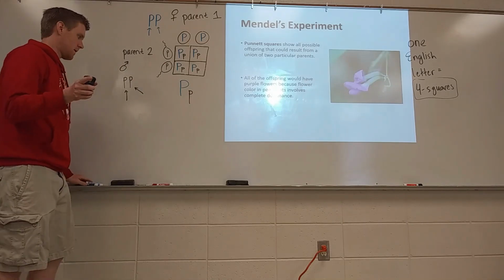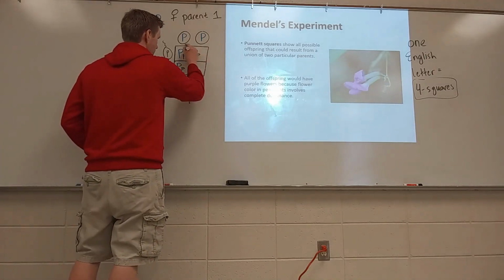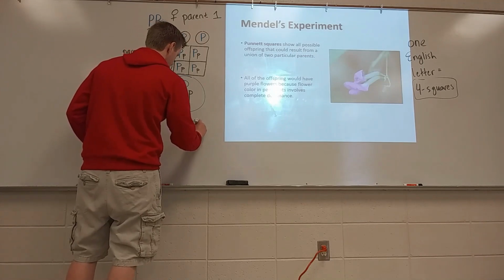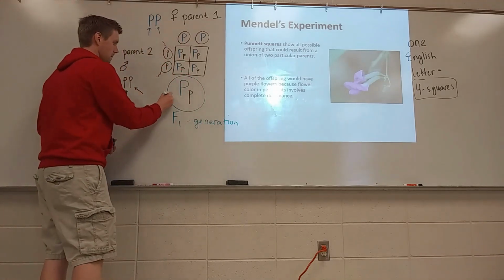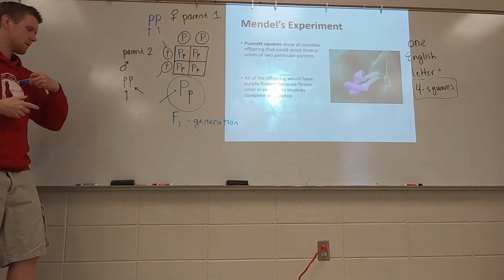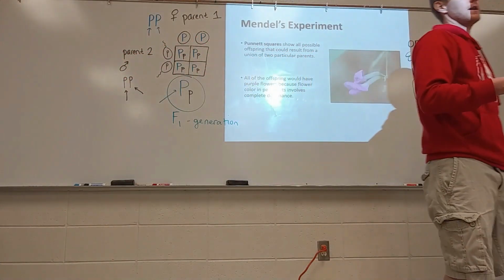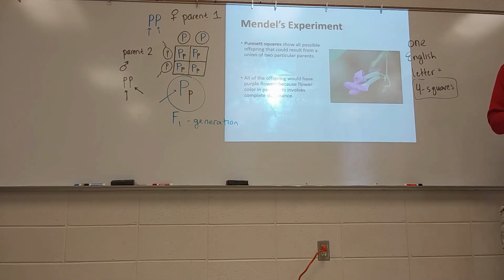In Mendel's experiment, he got these offspring, and all of them collectively were called the F1 generation, and they all looked purple, because complete dominance is how this works in pea plants, and purple is completely dominant over white coloration.